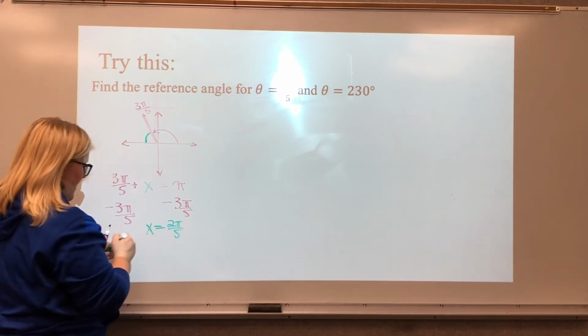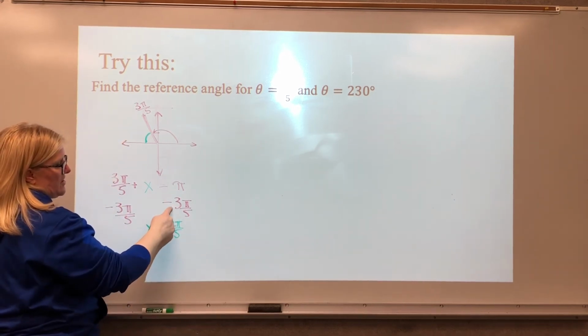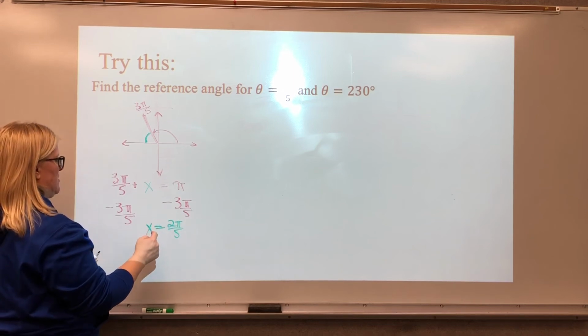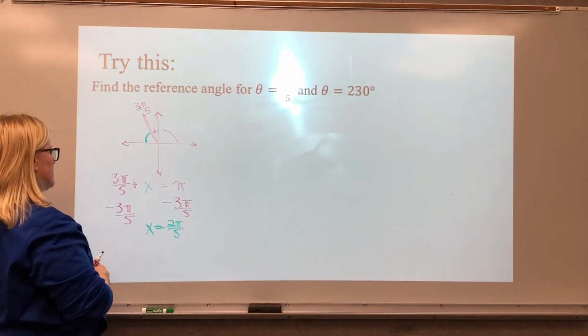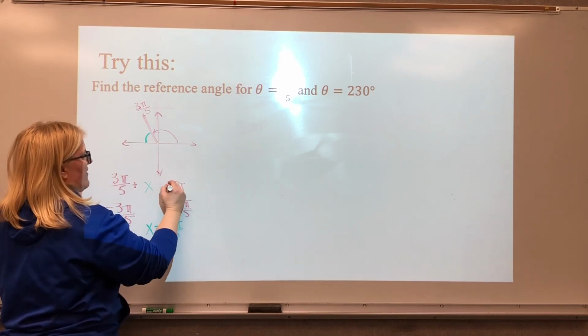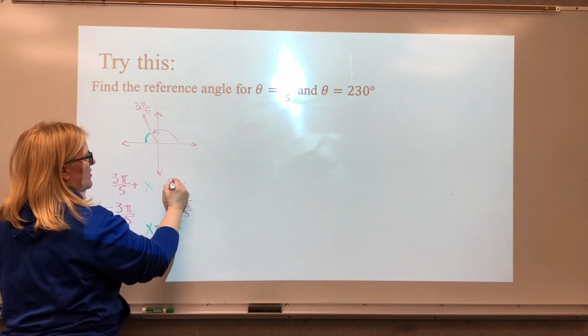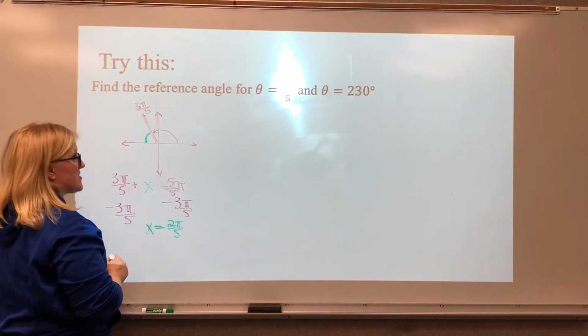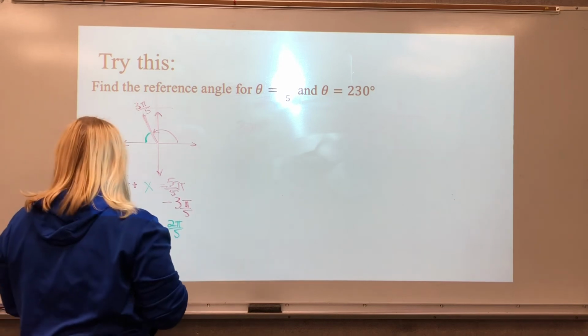And how did I get that? Well, 3/5 plus 2/5 gives me 5/5. If I'm finding a common denominator, this is 5/5 minus 3/5 is 2/5.